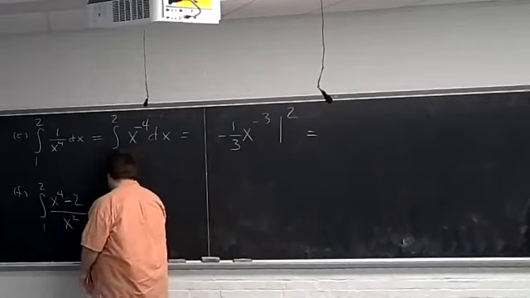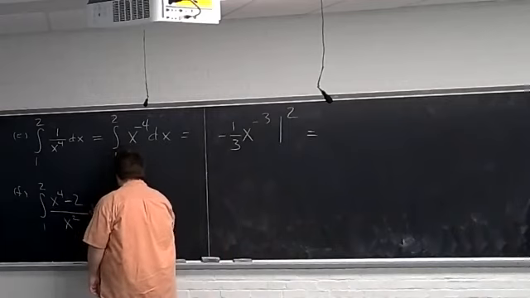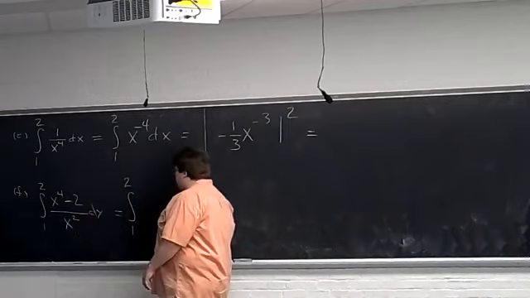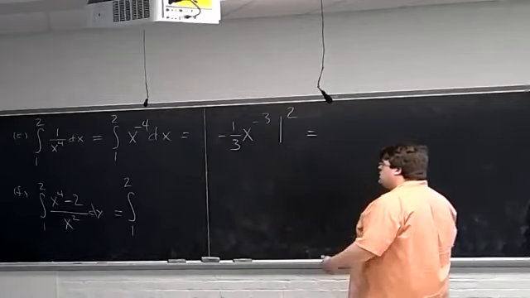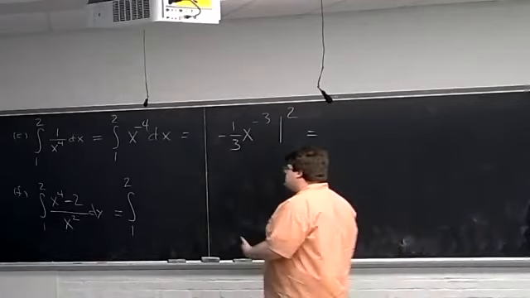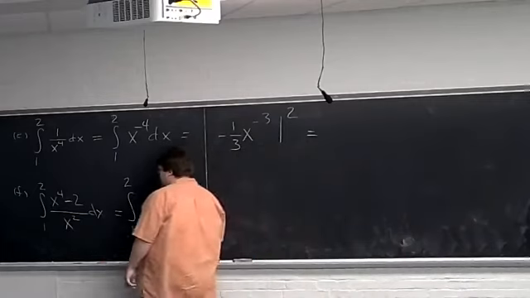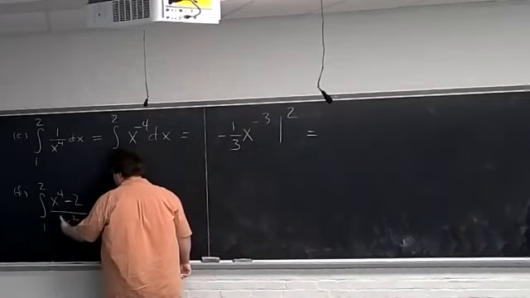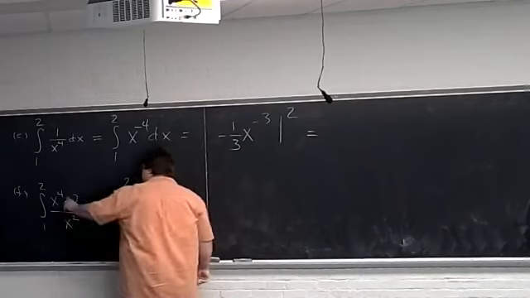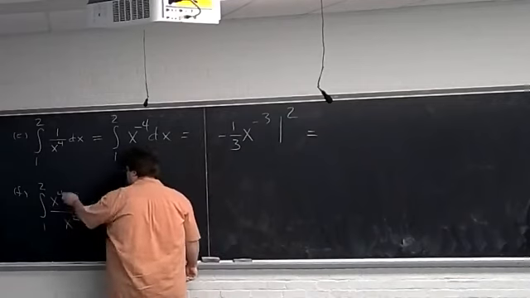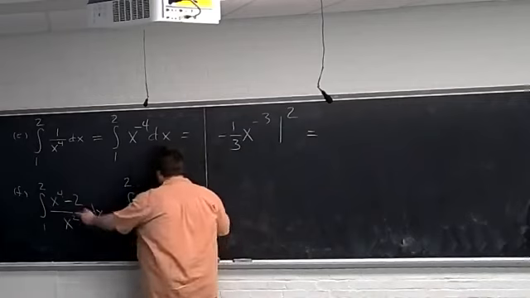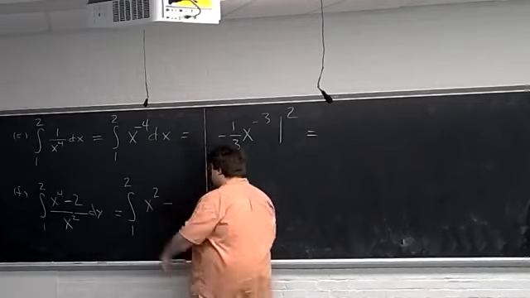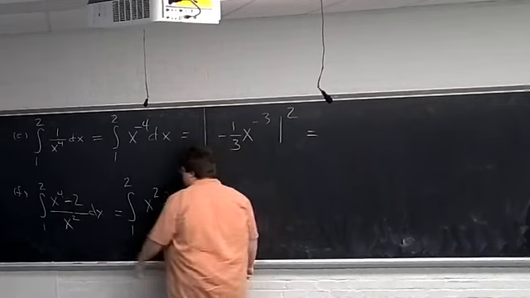We can. You better be able to if I'm asking the question. What can we do here? Well, we can split this fraction over x squared, meaning we get x to the 4th over x squared, which is x squared, minus 2 over x squared.